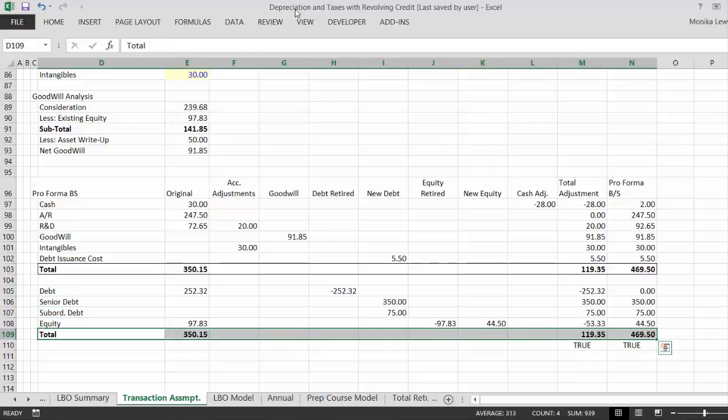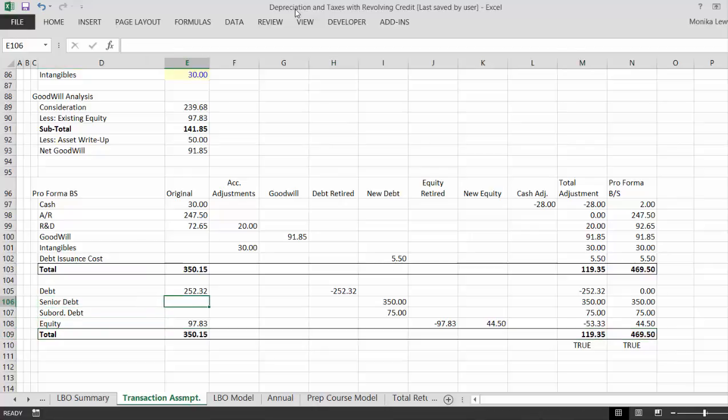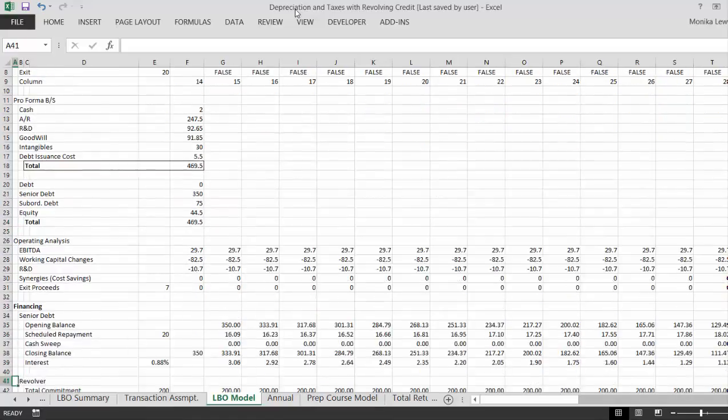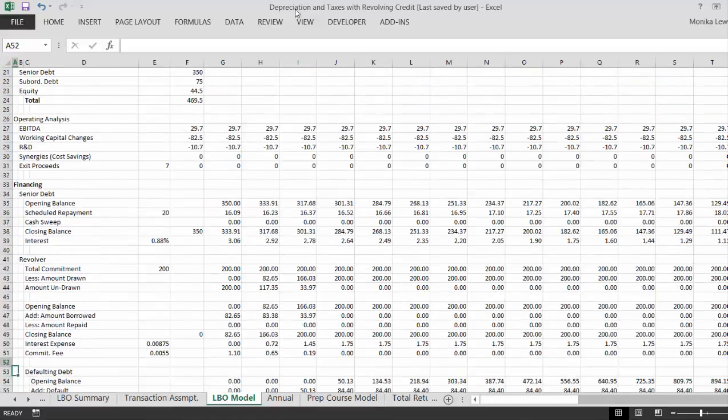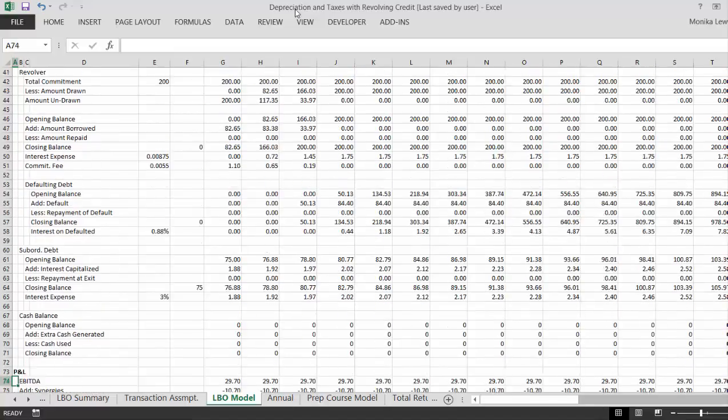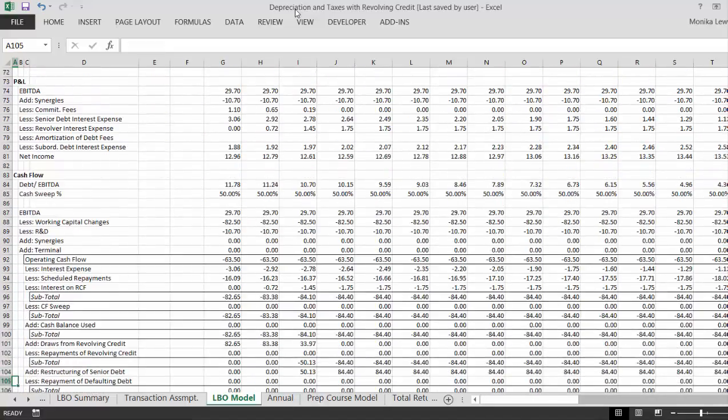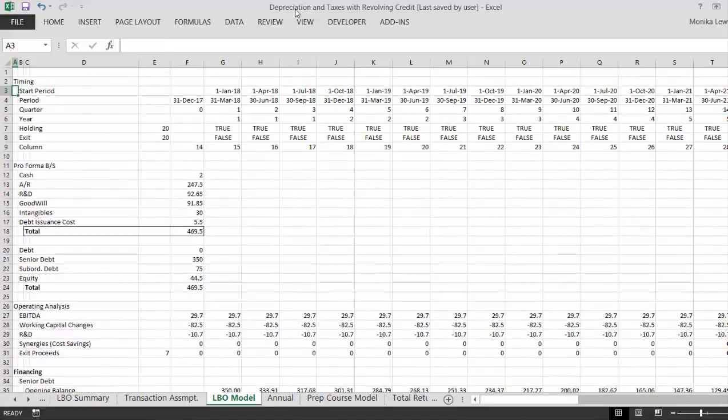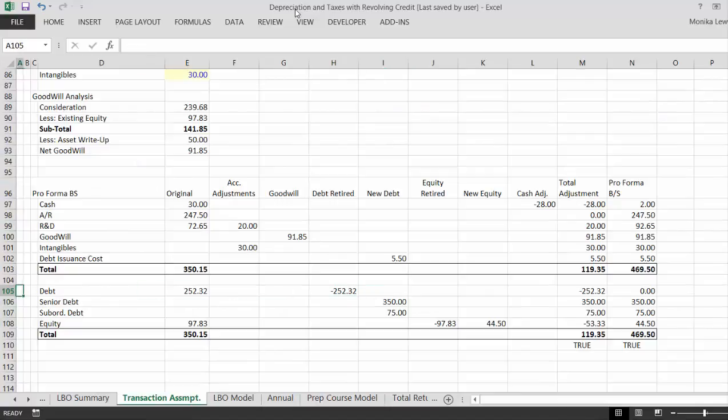Even though the primary things we really need from these are the amount of debt we have outstanding, and if we had any existing debt, we'd have to include that. And what we need to do then is on all the financing, we have the senior debt, revolving, subordinated debt, cash balance. We have to work through the whole thing really carefully.